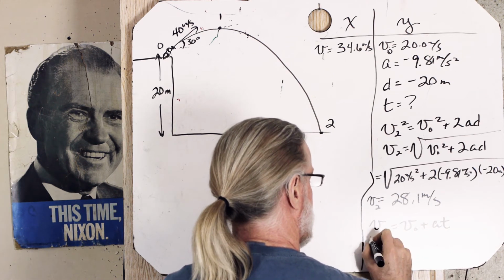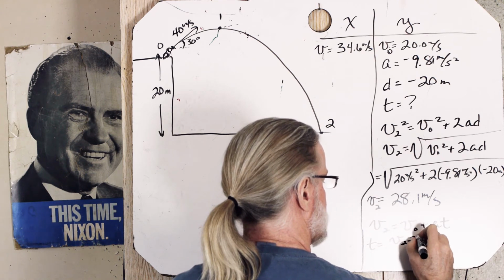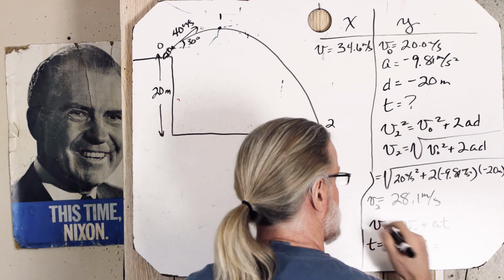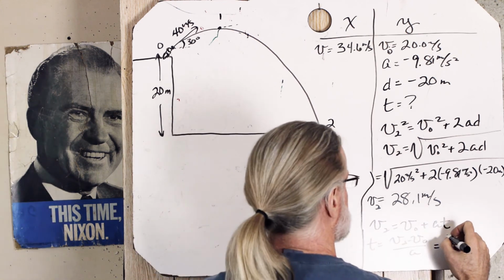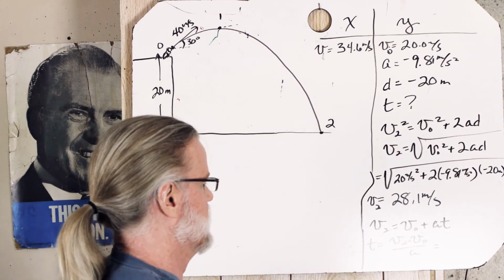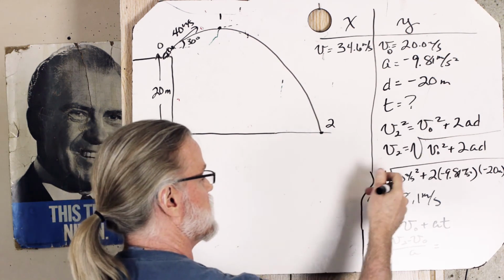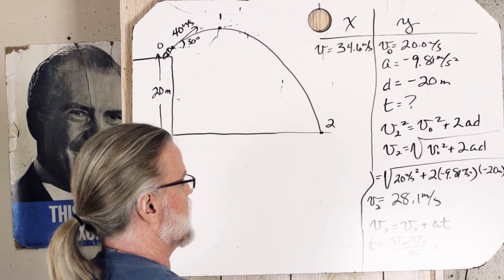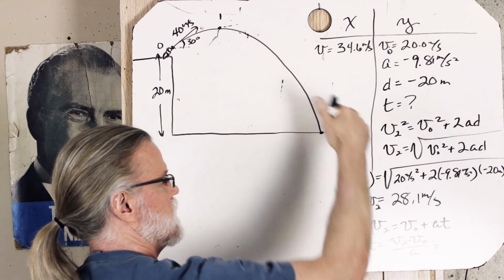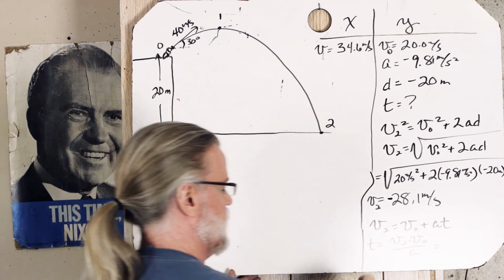Therefore, time equals V2 minus V0 over the acceleration. Oh, but I have to be careful here. I almost made a big mistake. This answer, of course, is plus or minus from a mathematical standpoint, but we need to understand that that is downwards, so that's negative. Almost made a big mistake.